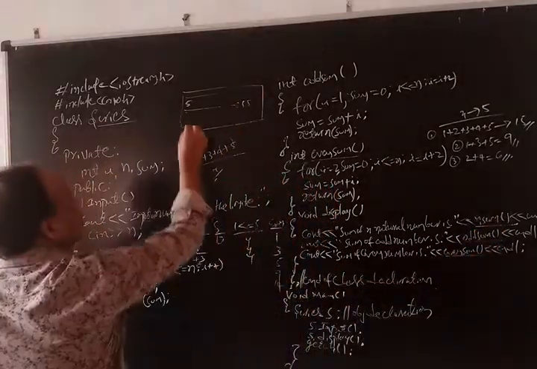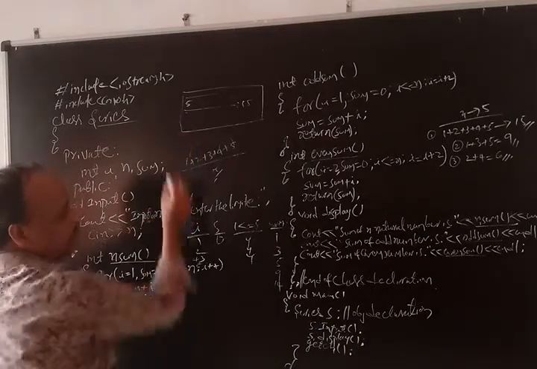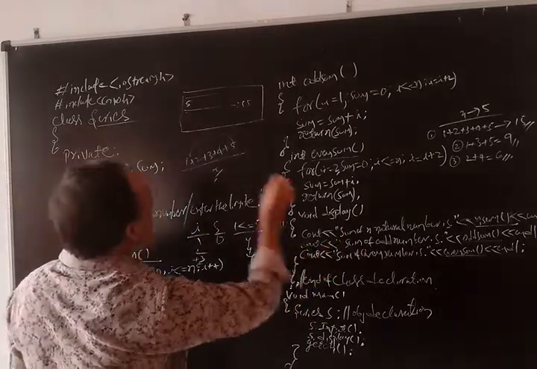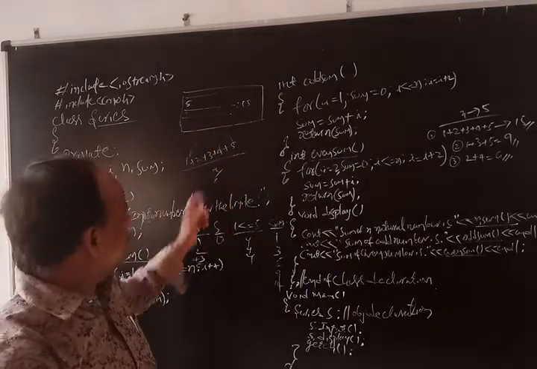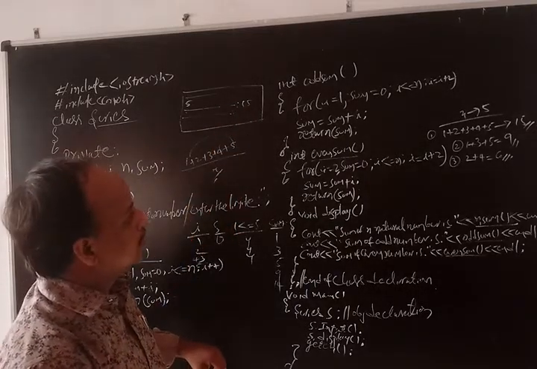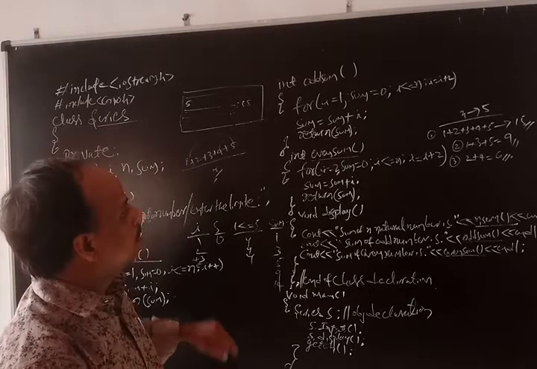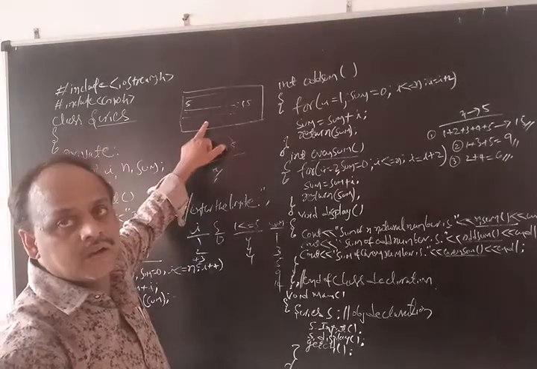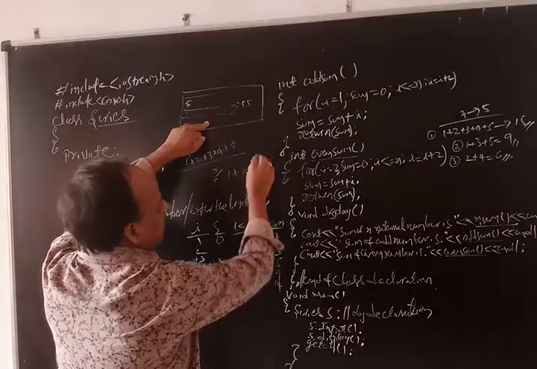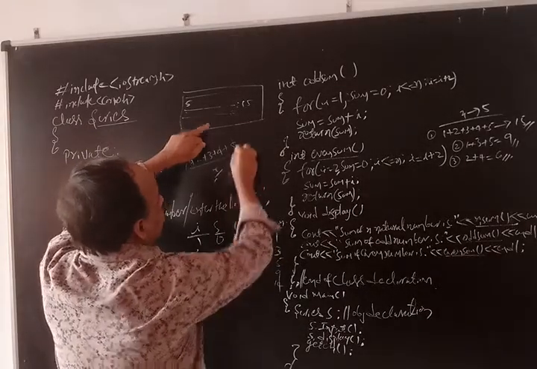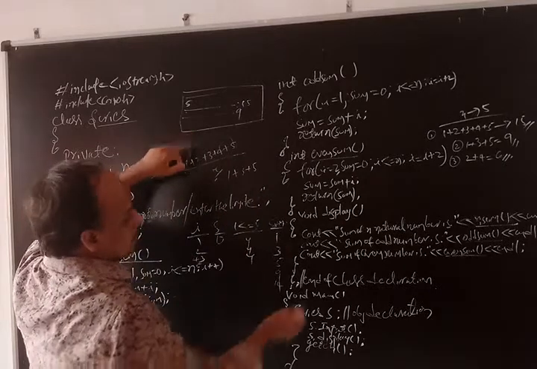So cursor comes to the next line. So what is the next line? Sum of odd number. So if n value is 5, what are the odd numbers? 1 plus 3 plus 5, that is 9 is printing like this.